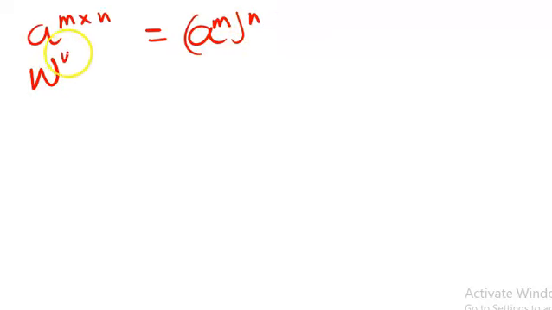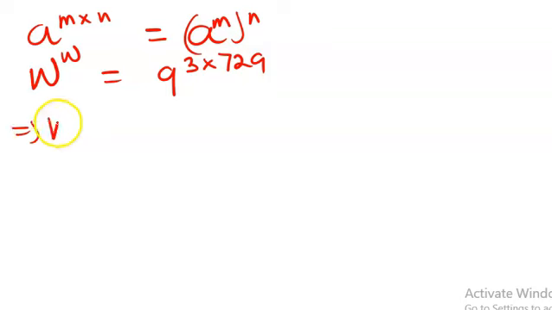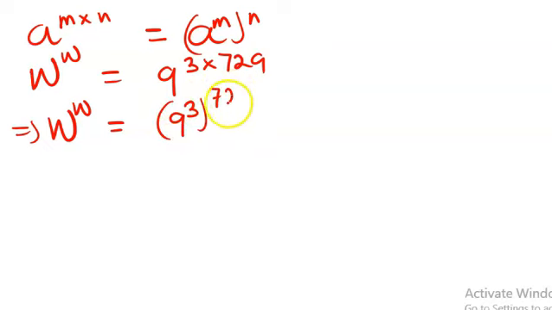So W raised to the power W is equal to 9 raised to the power 3 times 729, which becomes 9 raised to the power 3 all raised to the power 729. 9 raised to the power 3 is 729.